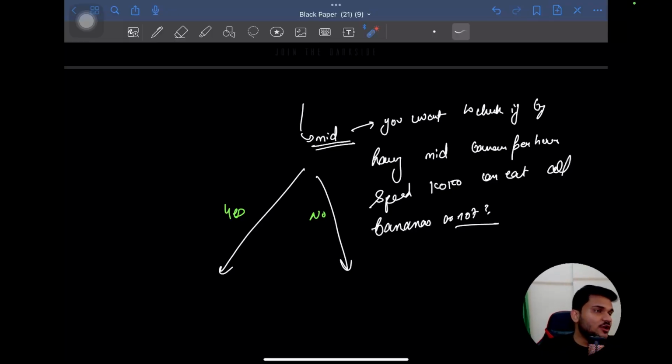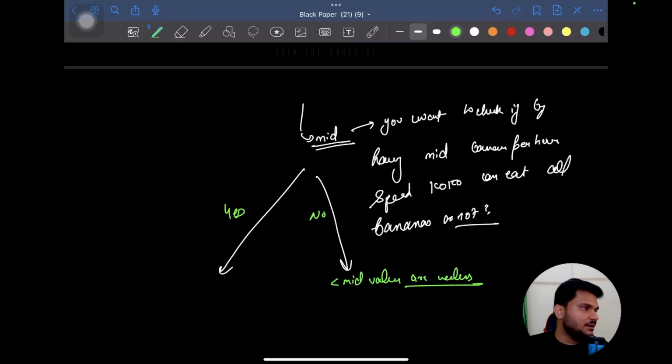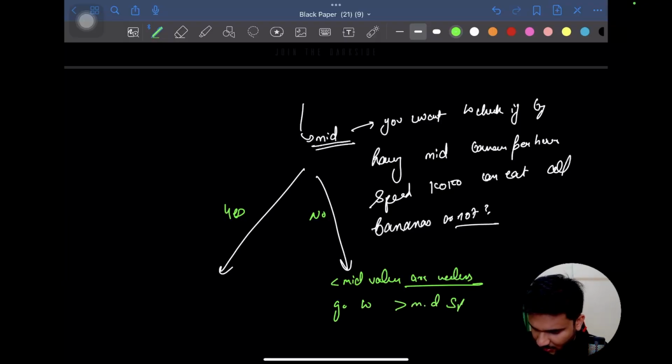If you can't reach from one place to another place by going 10 km per hour, you will definitely not be able to reach that place in 5 km per hour. So you can say that less than mid values are useless. Can I say that? Here less than mid values are useless because if you can't eat in mid speed, you will not be able to eat in less than mid number of speed. So we only go to greater than mid speed, right?